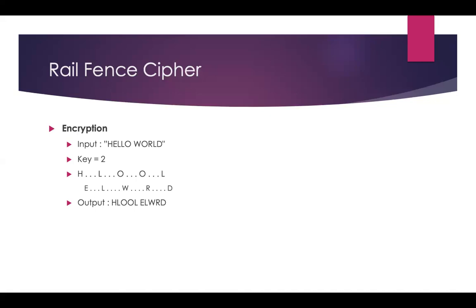So you can see the output as given: HLOOL and then ELWRD. Our plain text is hello world, and after applying this algorithm, the ciphertext is the output that we have got.